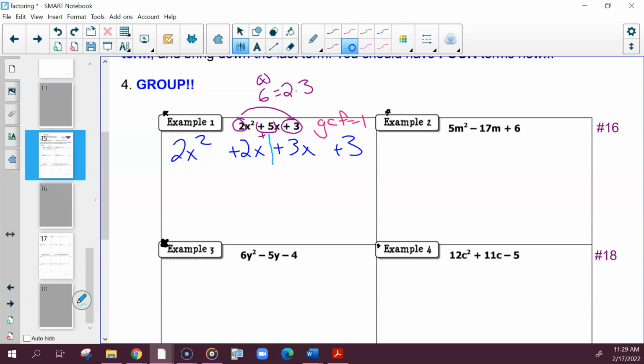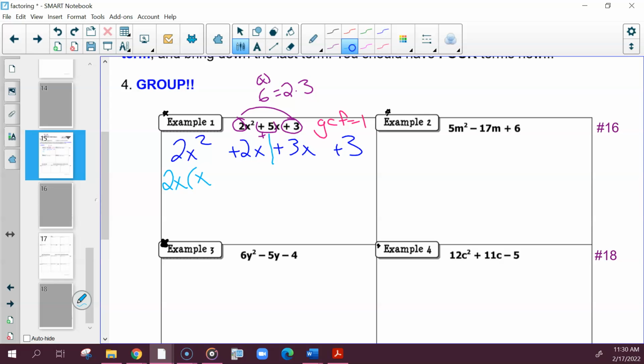I'm sorry, of the first 2 terms, what do these have in common? 2 and x. So we're going to write that out front. If we divide both of these by 2 and x, what's left?